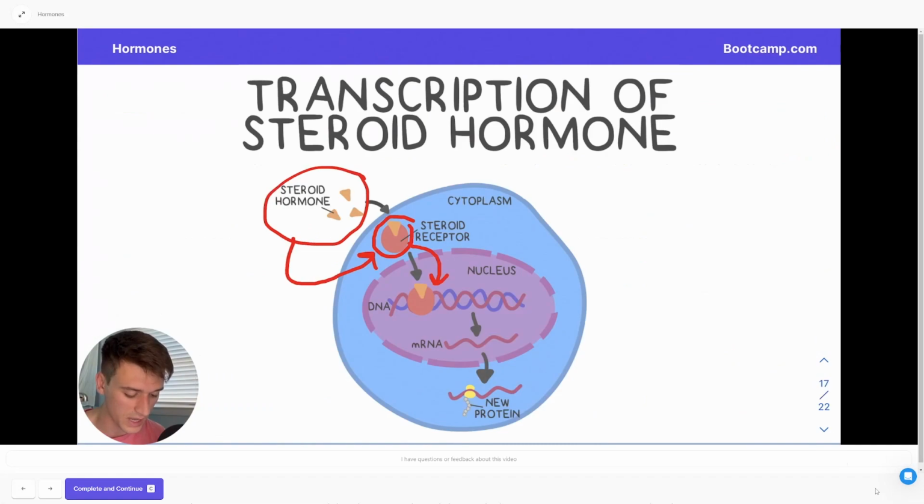And so here we have a mock mRNA that would result from the affected transcription of DNA based on the binding of the steroid receptor complex. And now once that mRNA is translated, we have a brand new protein that was the result of the signal passed down from the steroid hormone.